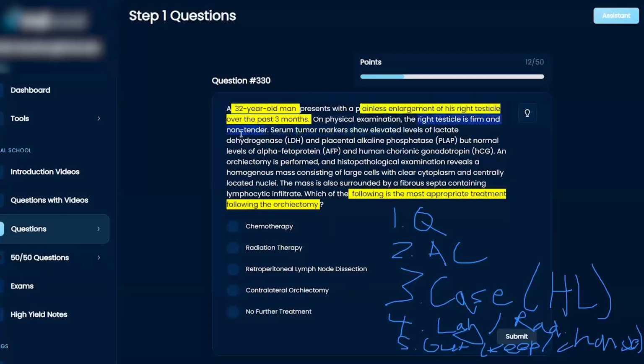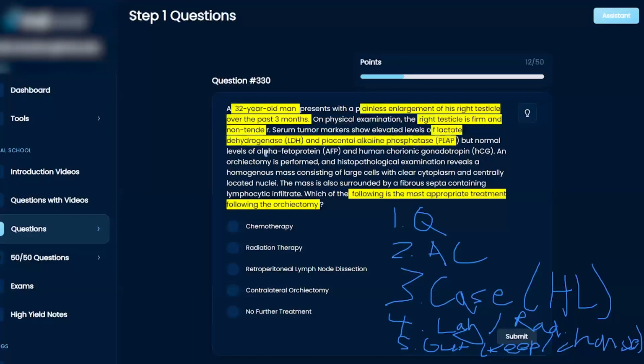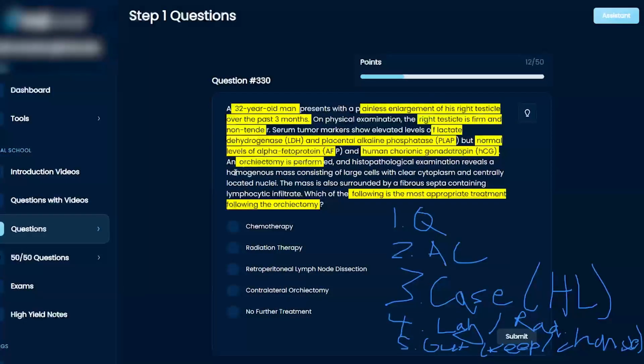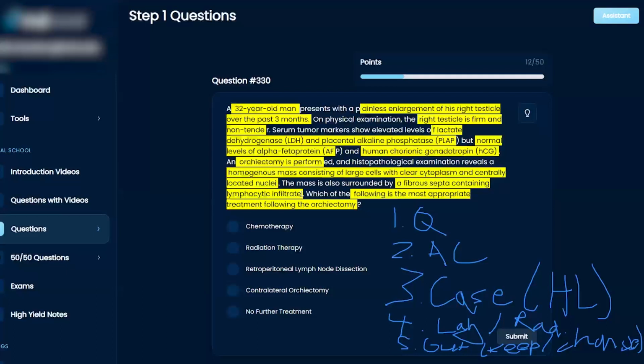The tumor markers show elevated LDH, alkaline phosphatase, and normal levels of alpha-fetoprotein and hCG. The orchiectomy is performed, and examination reveals a homogeneous mass consisting of large cells with clear cytoplasm and centrally located nuclei. The mass is surrounded by a lymphocytic infiltrate. Which of the following is the most appropriate treatment? Oh, wow. Okay.